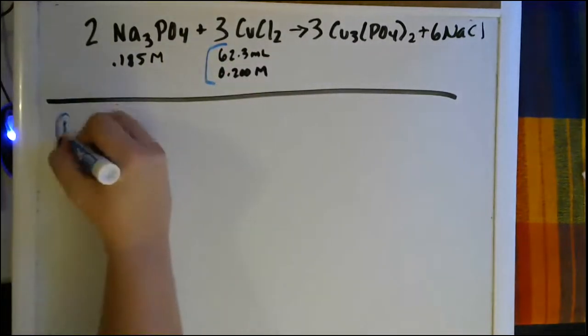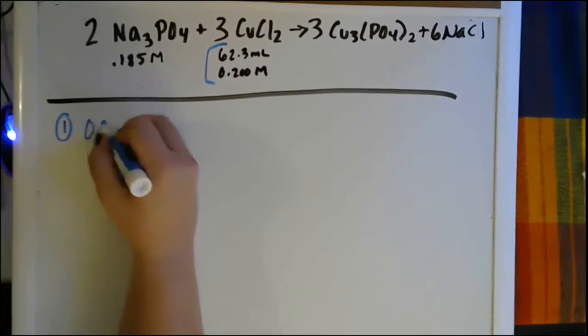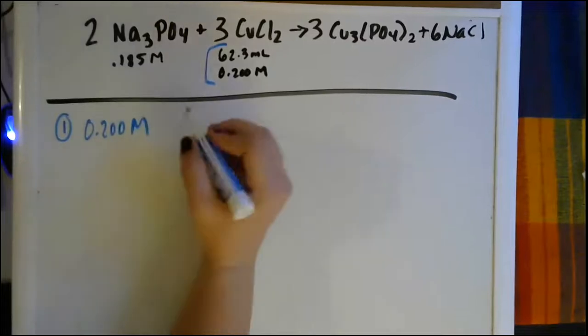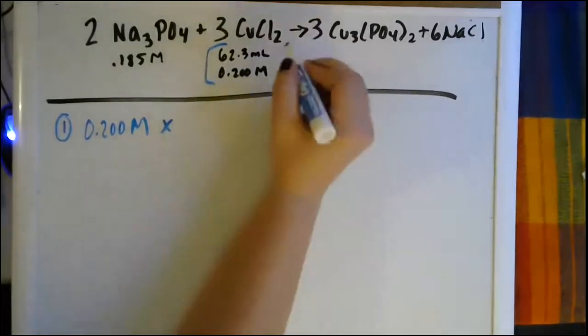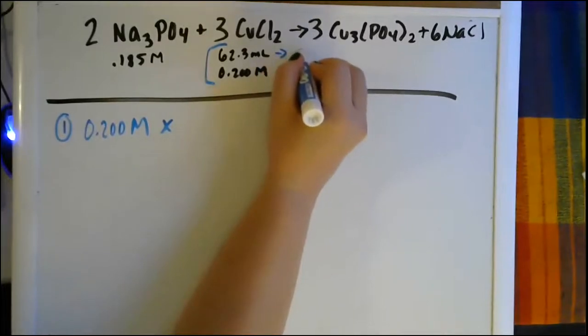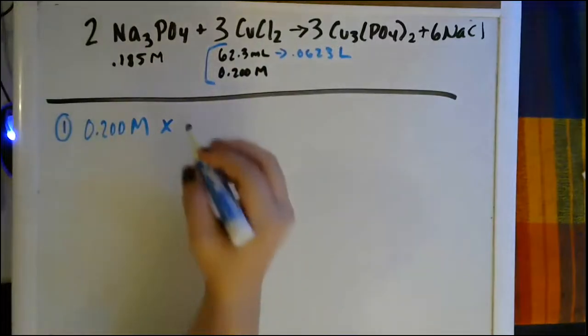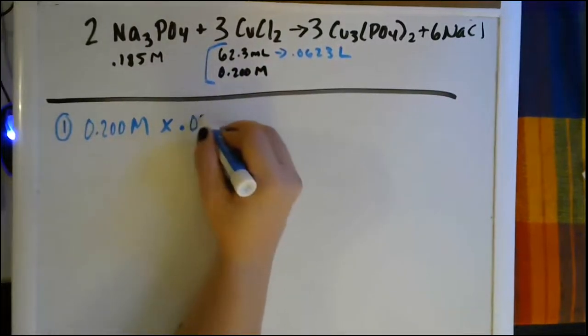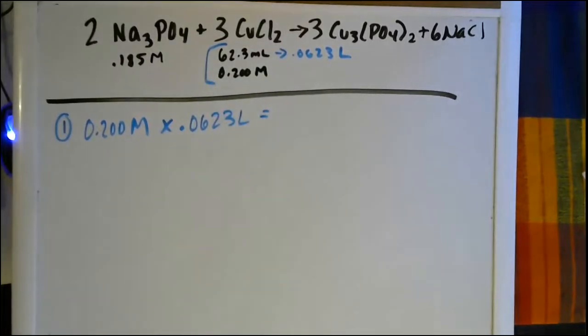So we'll take the molarity, 0.200 molar, and multiply it by the volume in liters, which is 0.0623 liters. And that's going to give us the moles of the copper chloride.